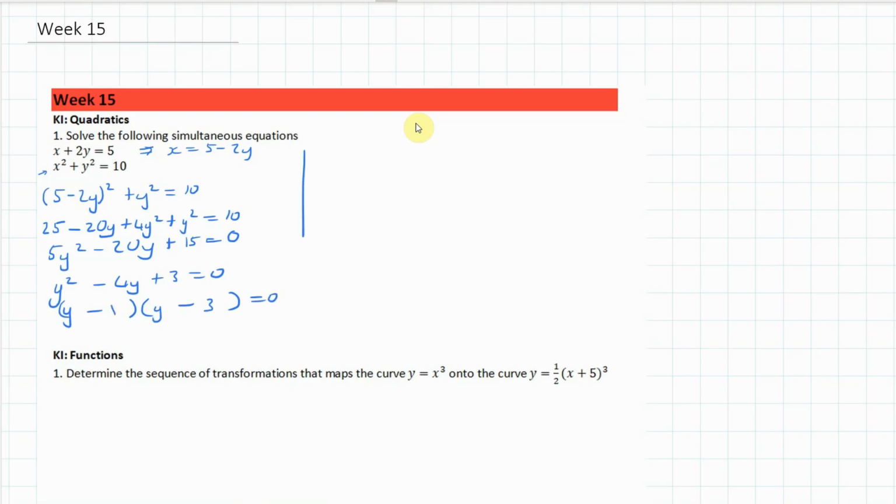And so the values of y equals 1 or 3. And then when we plug those into x, x equals 5 take away 2 times 1, so 3, or 5 take away 2 times 3, so negative 1. Now that's the first one.